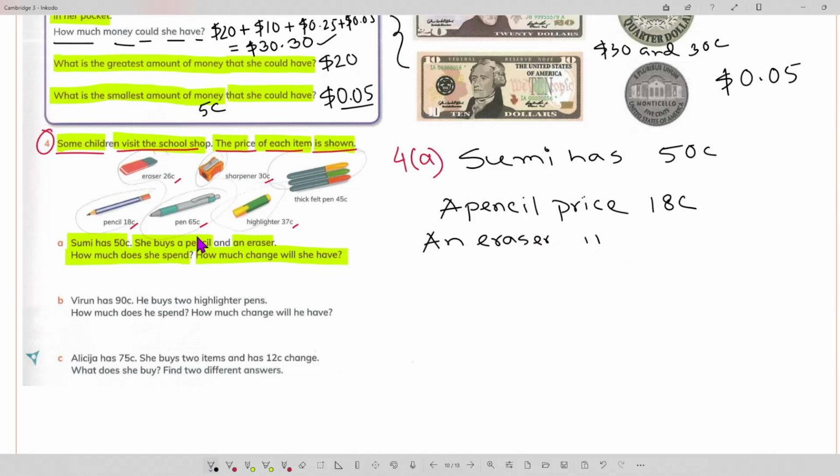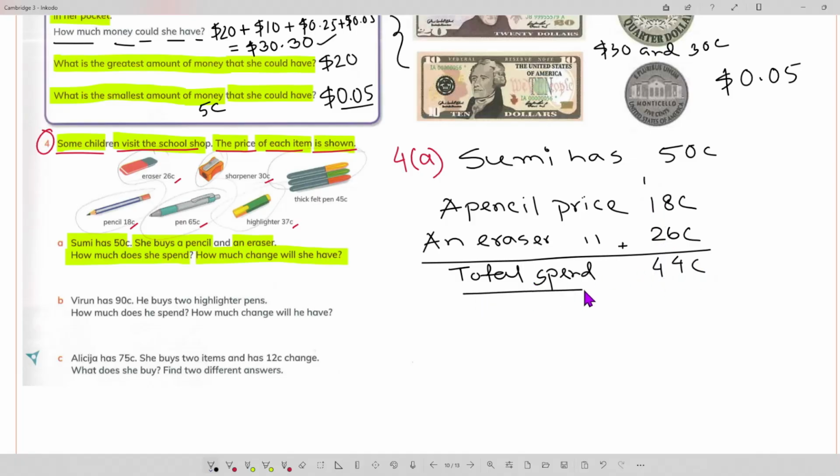The eraser price is 26 cent. Total spent: here is 8 plus 6 is 14, carry 1, 1 plus 1 is 2, 2 plus 2 is 4. She spent 44 cent. How much change did she have?